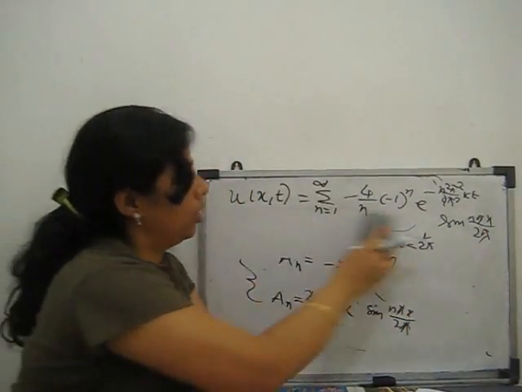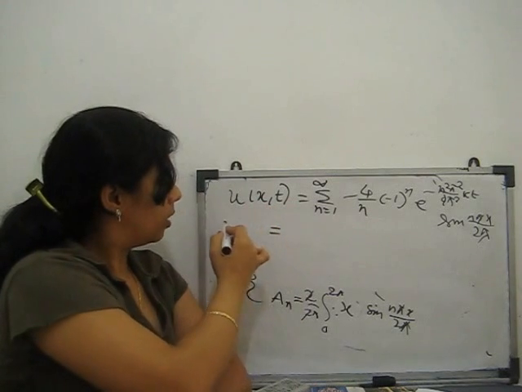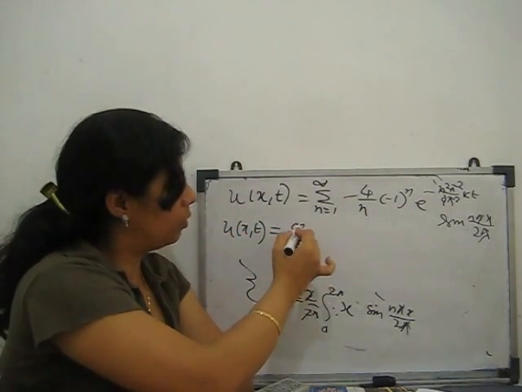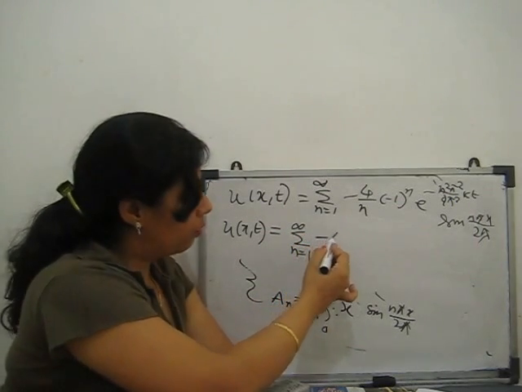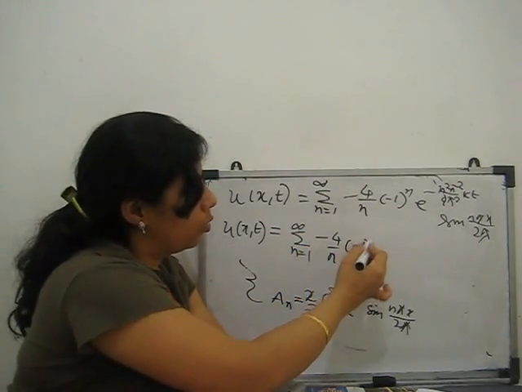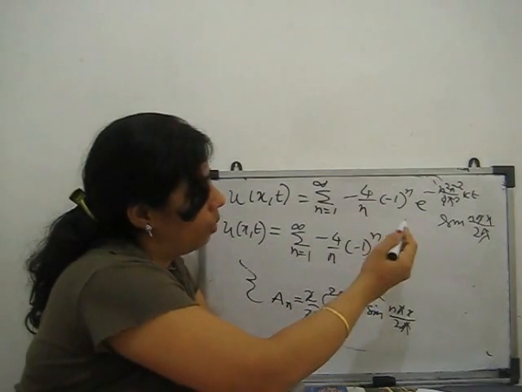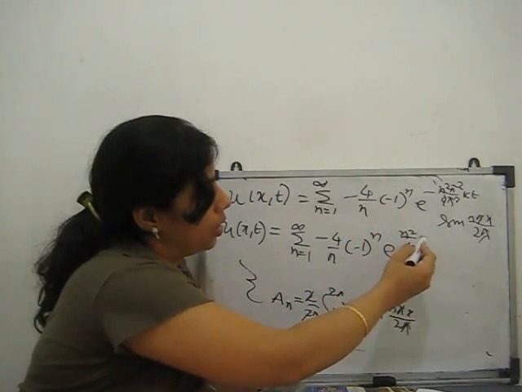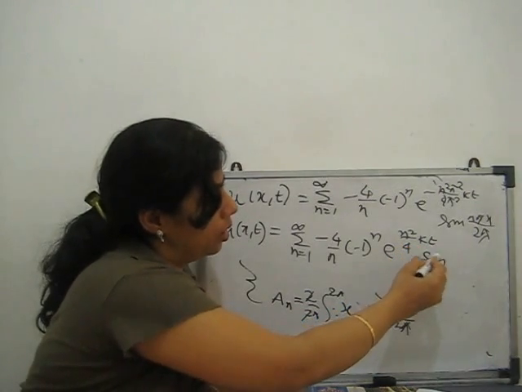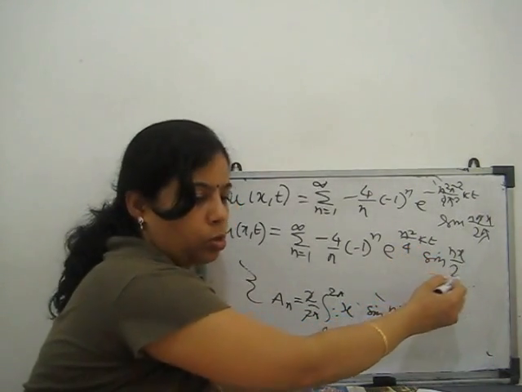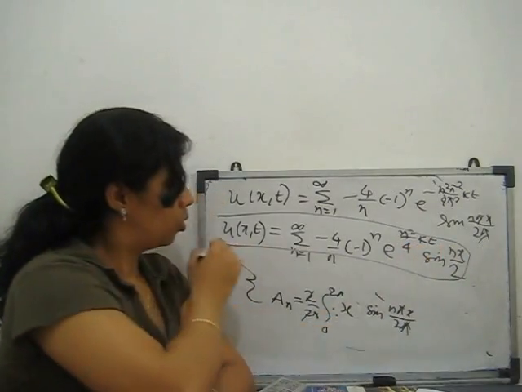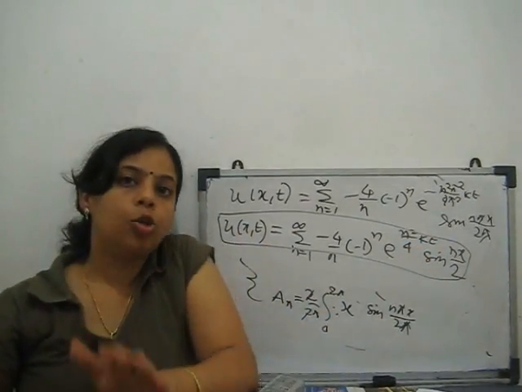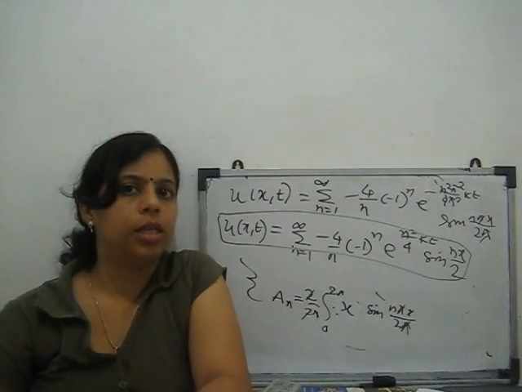Whatever can be cancelled, you must cancel, so our u(x,t) becomes summation n going from 1 to infinity minus 4 by n, minus 1 to the power n, e to the power minus n square by 4, pi square is cancelled, kt sine n x upon 2, where L is 2 pi. This is the solution of the one dimension heat equation.